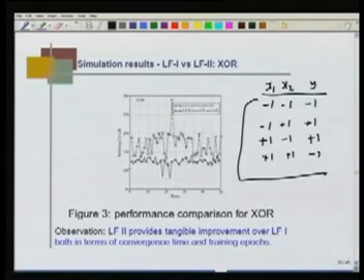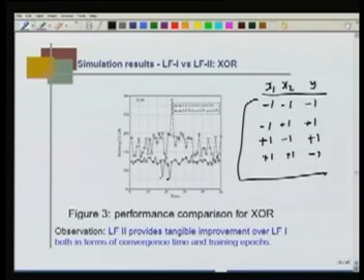Whereas if you look at LF2, that is almost constant, a straight line except for a couple of fluctuations here, but otherwise a very fixed quantity, and this is always below the training epochs that are necessary using LF1.